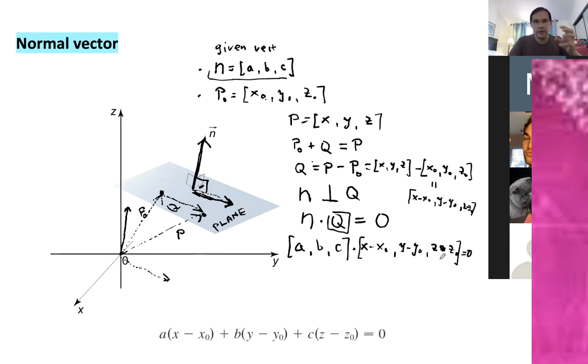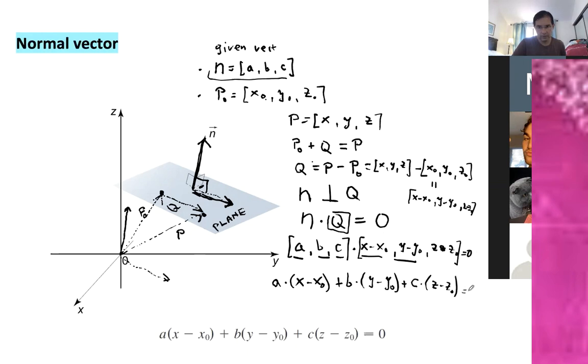Now let's use the definition of the inner product. What do we mean by multiplying one vector by the other? We do so component-wise. So I have A times (x minus x0), plus B times (y minus y0), and lastly C times (z minus z0), and that's equal to 0.